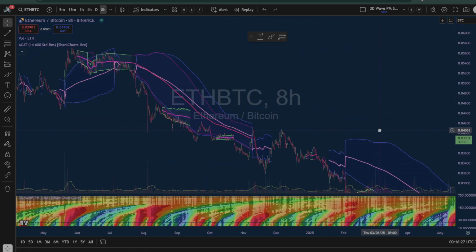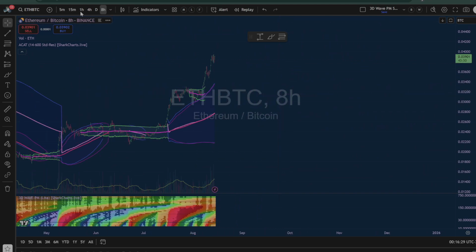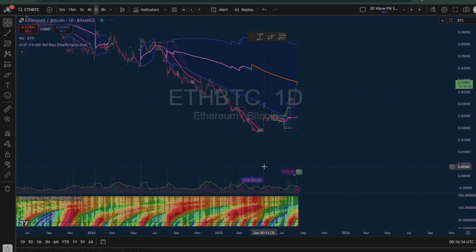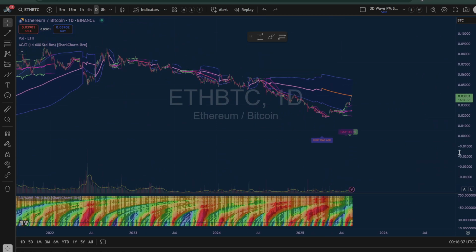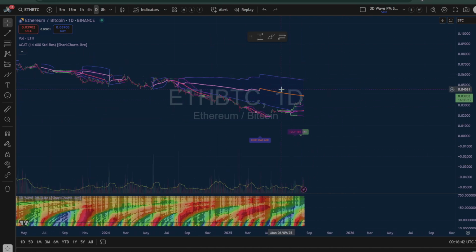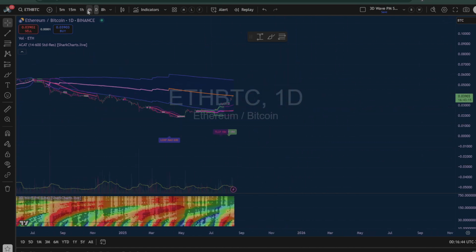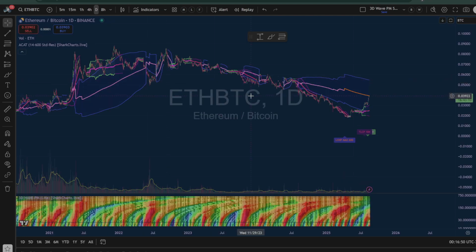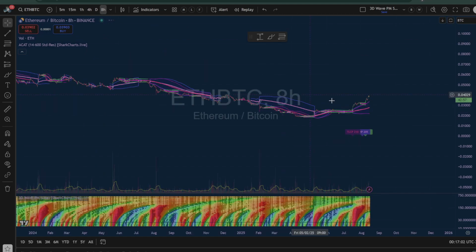So because you should be holding Ethereum right now, let's talk about a take profit. Is there any way to define that? Not cleanly. This is a beautiful run up, gaining strength, but we don't have.